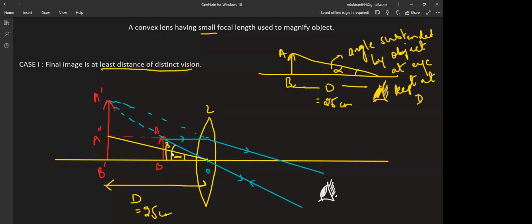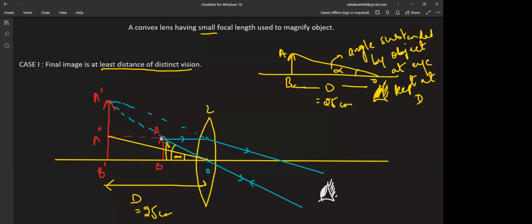From here, if I take this angle beta, tan beta will simply be AB by OB in the smaller triangle. And tan alpha will be A double dash B dash by OB.